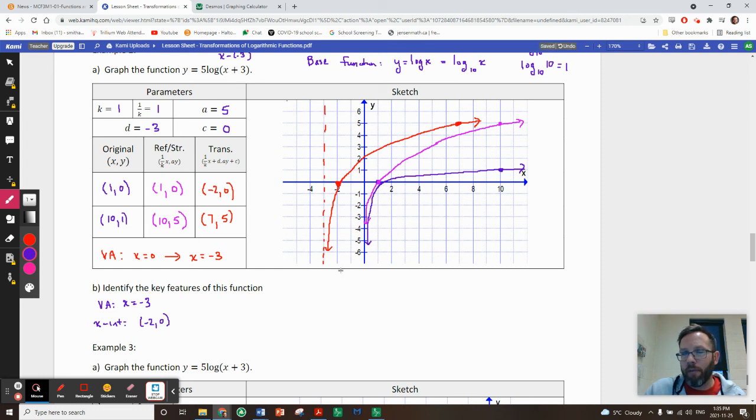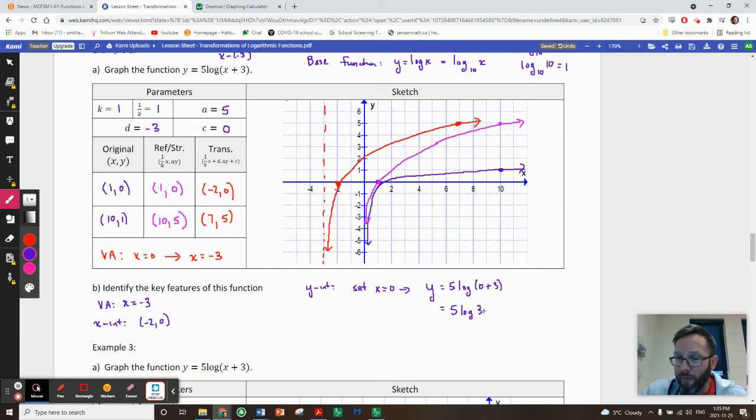What about the y-intercept? Not as obvious. Well, let's see if we can find it. And again, we know it exists, we can see it from the graph. So let's set x equal to 0. And so y equals 5 times the log of 0 plus 3, which is equal to 5 log 3. Now, log 3 is saying 10 to what power gives you 3?